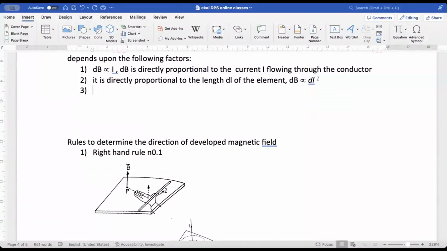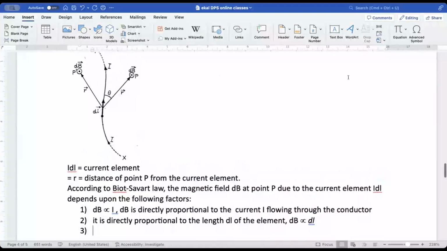Then it is also, see, here we have theta angle. So dB is proportional to the sine of this theta.